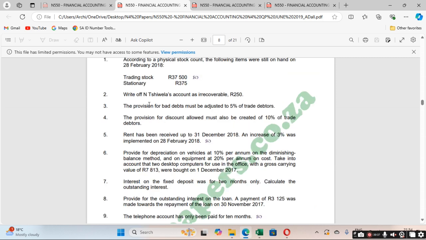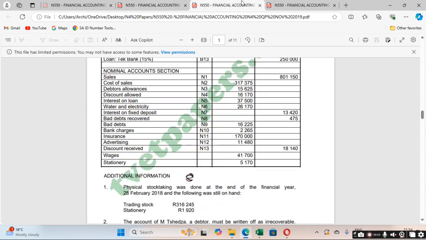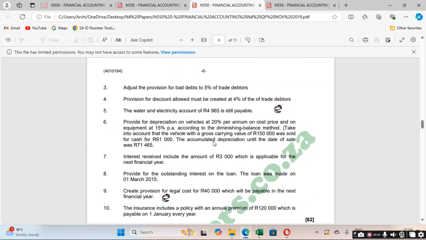Okay, so this first 4, you know how to do them. I wanted to say that we have this transaction number 6. Try to do this transaction number 6 on your own, and then you can tell me in the comment section how much you got.